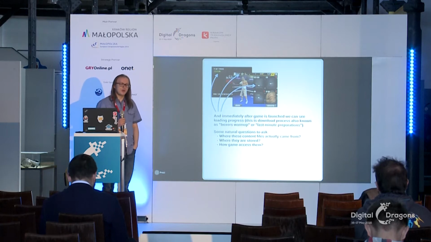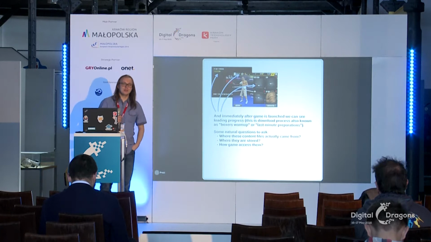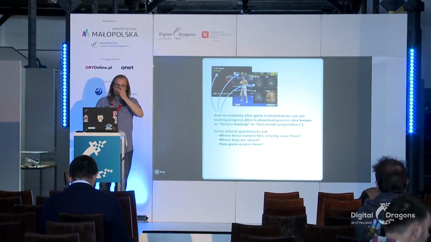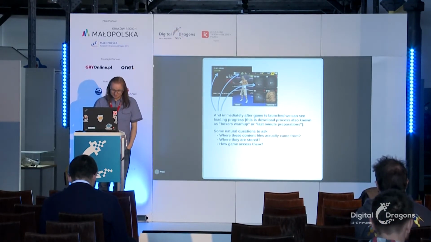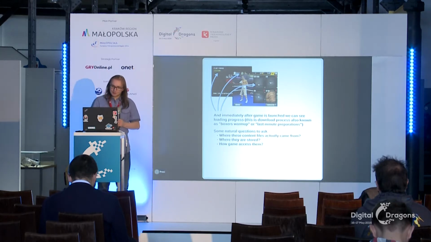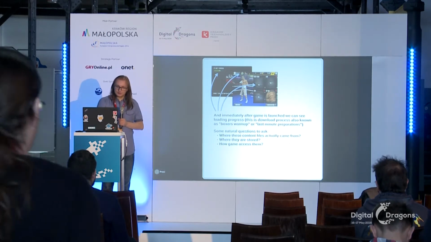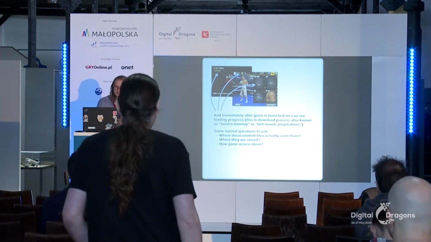This is pretty common currently, because games in the application store tend to be smaller in size, but later those games download even a few gigabytes of data. So there are some progress bars displayed, some spinners, and this is mostly downloading the game content like textures, some bitmaps, etc.